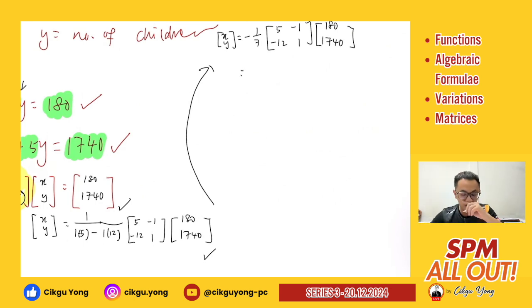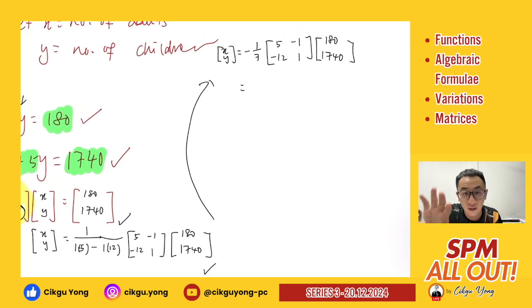Over here you can either perform your multiplication based on the 2 brackets first, then only use your -1 over 7 to multiply inside. Or you can multiply the front part first, then multiply with the second bracket. It depends on you. In this case, I will stick to my -1 over 7 first.